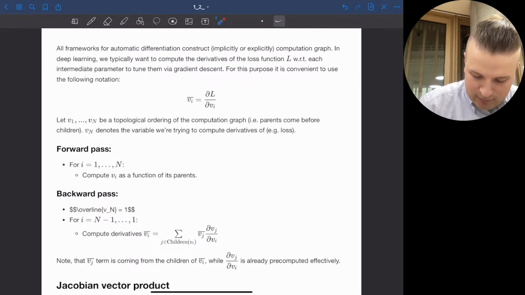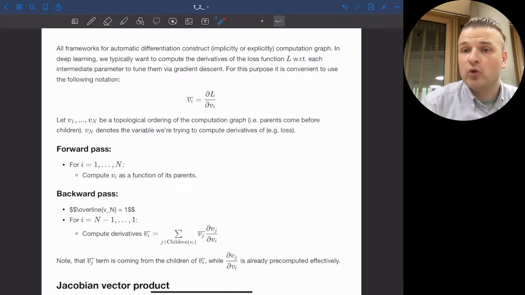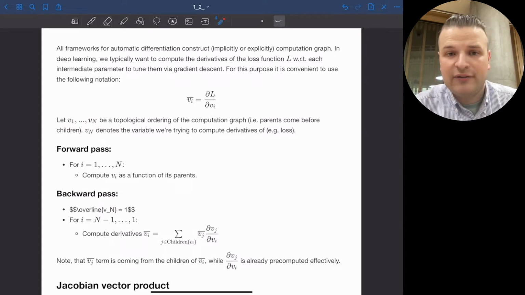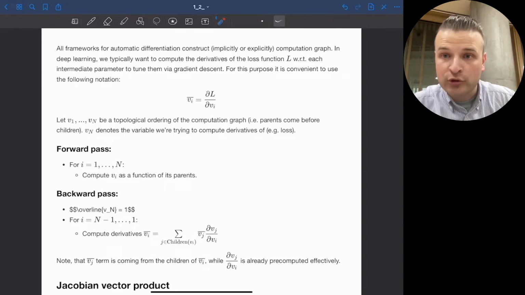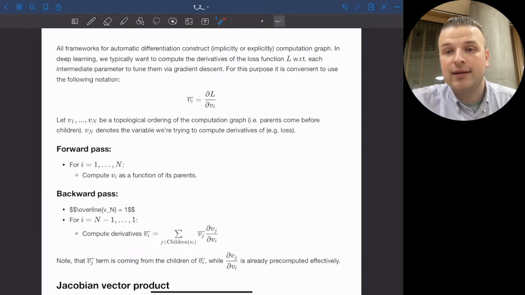We'll denote it as V1 to Vn. That graph is an ordered graph because we have an order here. We have a first, we have input nodes, and the overall output node, which is typically a loss function.